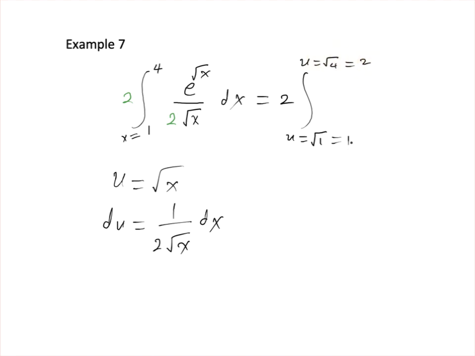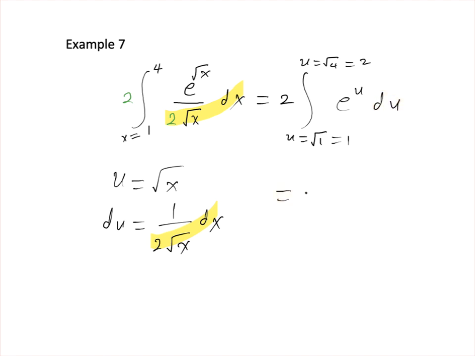So now the new limits are 1 to 2. And then inside the integral, I have e to the square root of x, which is u, e to the u. And then the other part, this part here, is just du. So we have e to the u du.